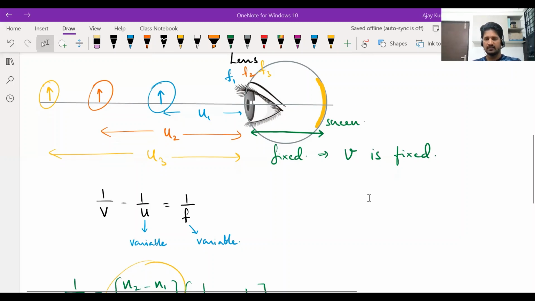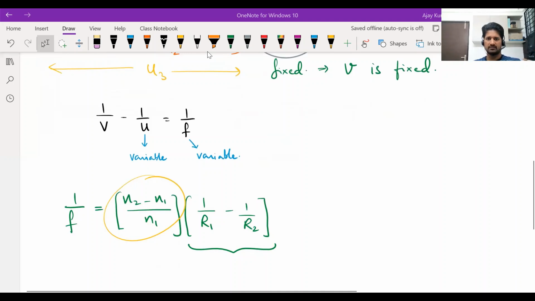There is a certain minimum distance at which an object should lie in front of you such that you can clearly see it, such that the eye can adjust its focal length and form an image on the retina.